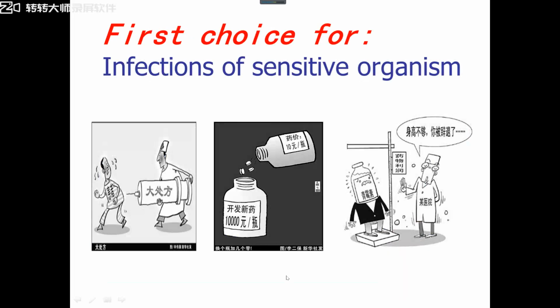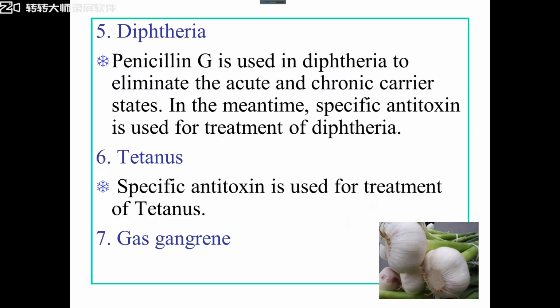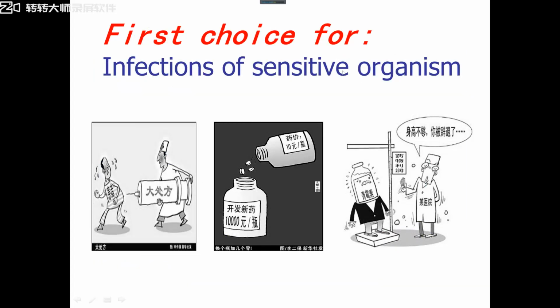Thus, now we have studied penicillin G's clinical uses. It is used to treat pneumococcal infection, streptococcal infection, gonococcal infection, syphilis, diphtheria, tetanus, gas gangrene, and anthrax as the first choice, and for infections of sensitive organisms it is still the first choice.